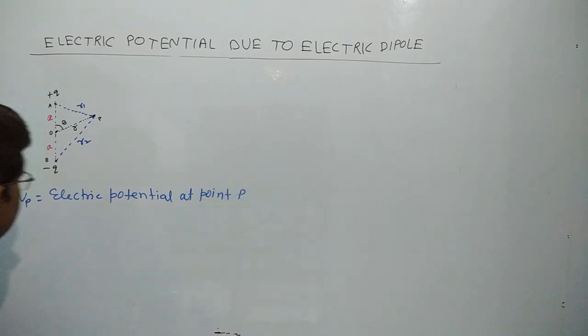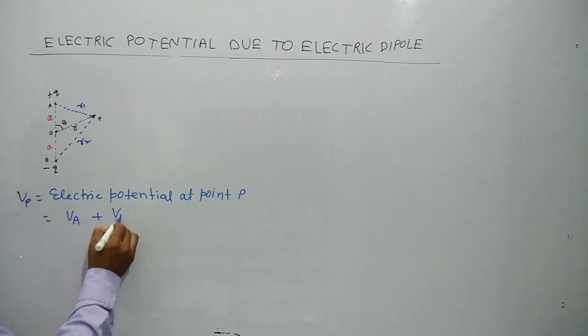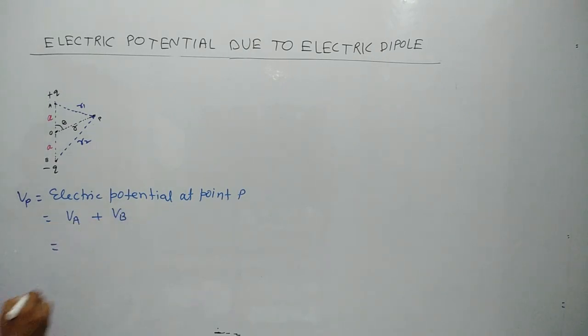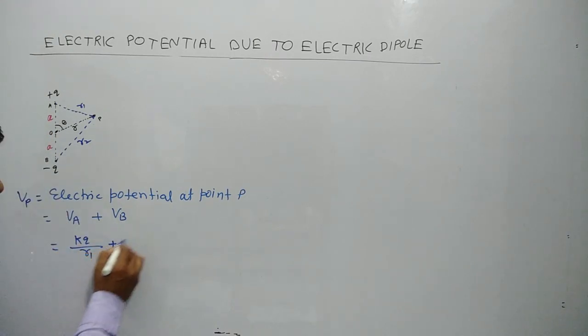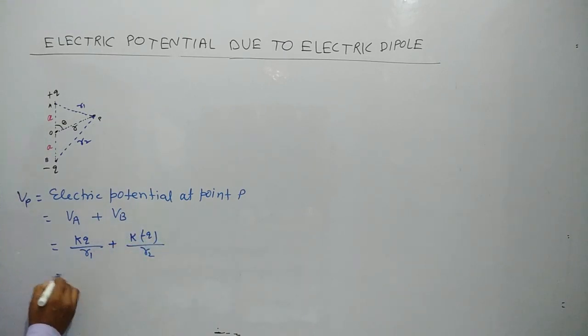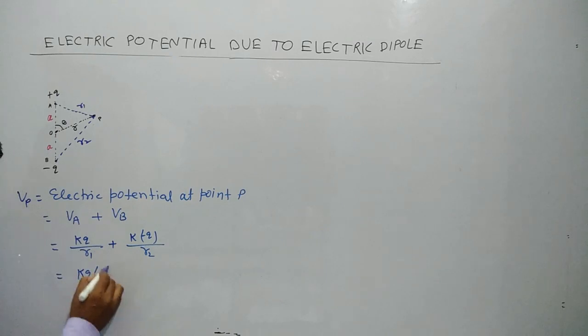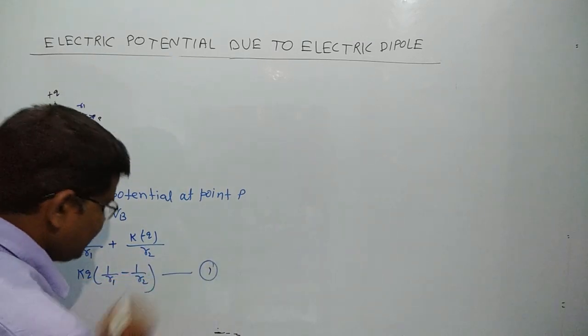At point P, the electric potential becomes Va plus Vb. Va is Kq by R1, and minus Kq by R2. It becomes Kq times (1 by R1 minus 1 by R2). It is so simple.